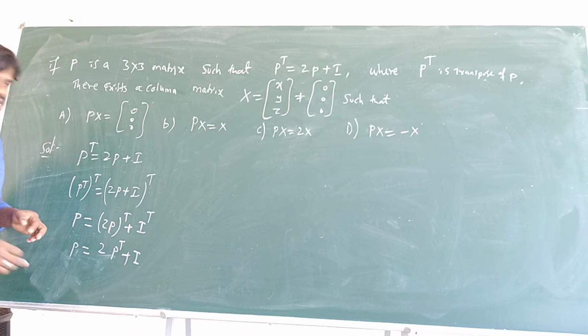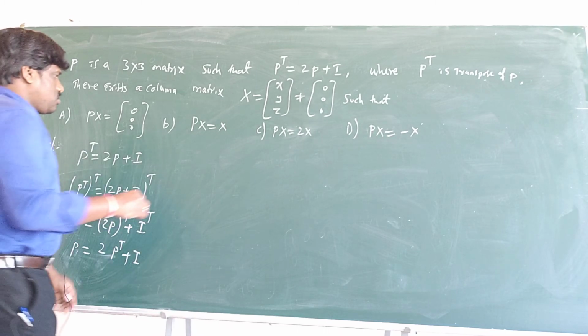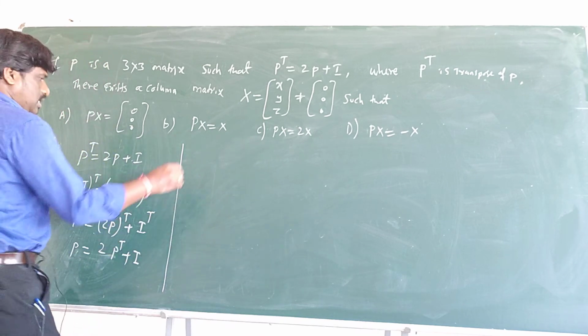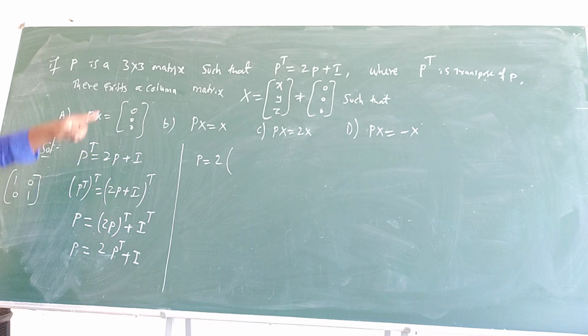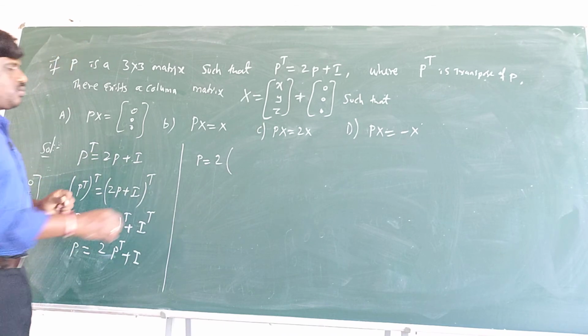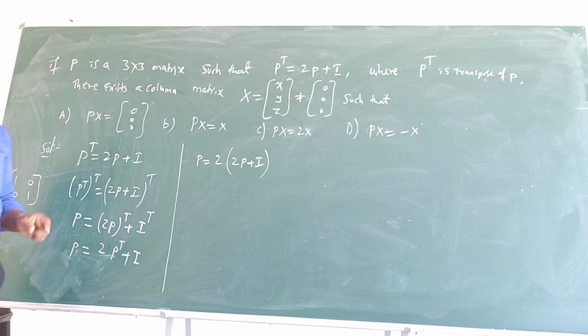Suppose the identity is 1 0, 0 1, you transpose this, you get 1 0, 0 1, right? So what you got here is P is equal to 2 into the P transpose value, which is 2P plus I.